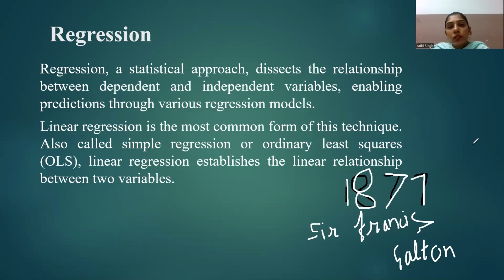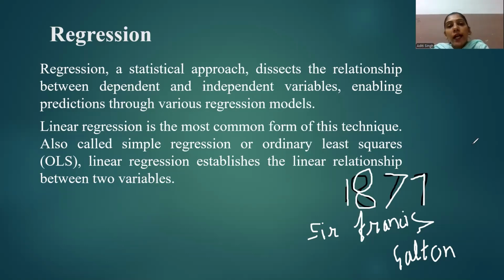So what do we do in correlation? In correlation, we measure the degree and direction of relation among the variables. While in regression, we measure the nature and extent of the average relationship between the variables, and we measure it in terms of the unit of the data.